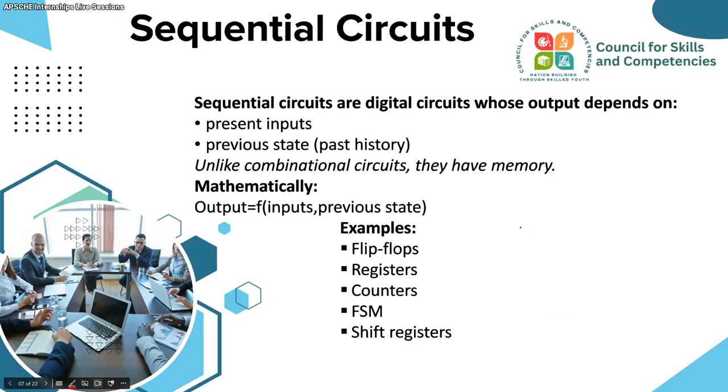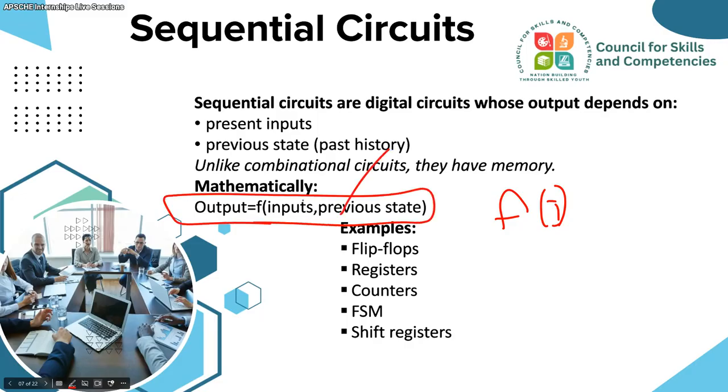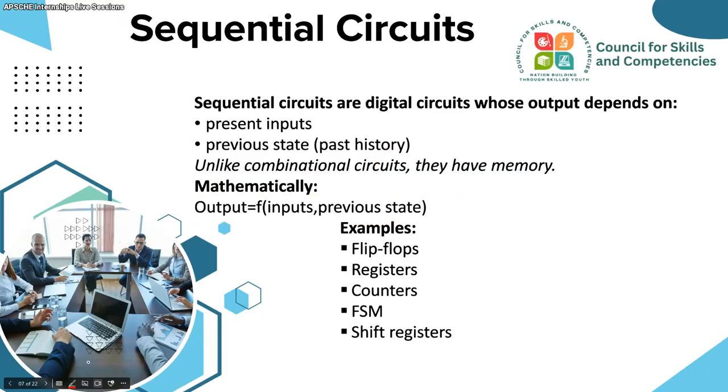In the combinational circuit, the function depends only on the input. But here it depends on the current input and the previous state. Accordingly, it gives the output. So this is where the real stuff comes.